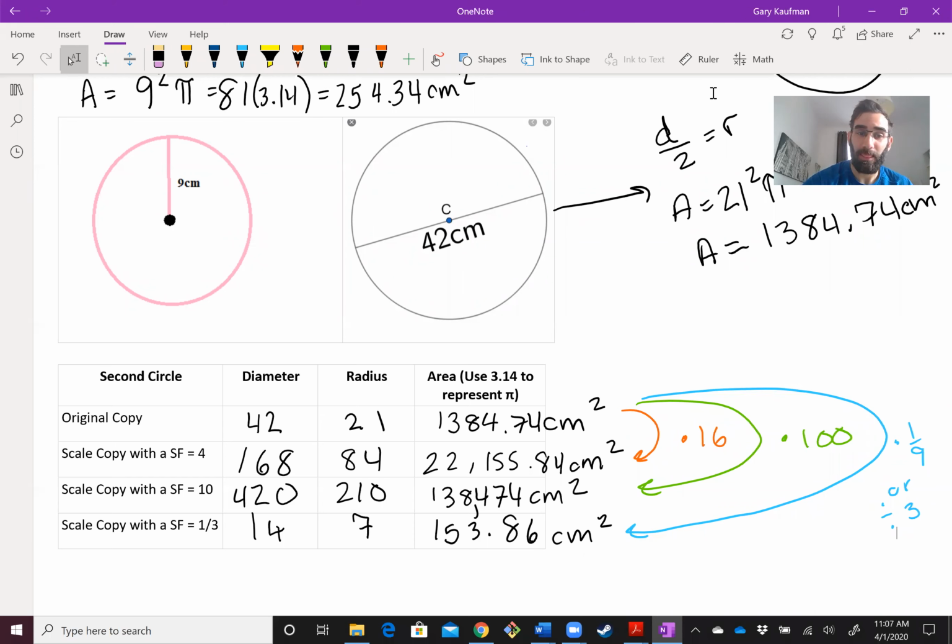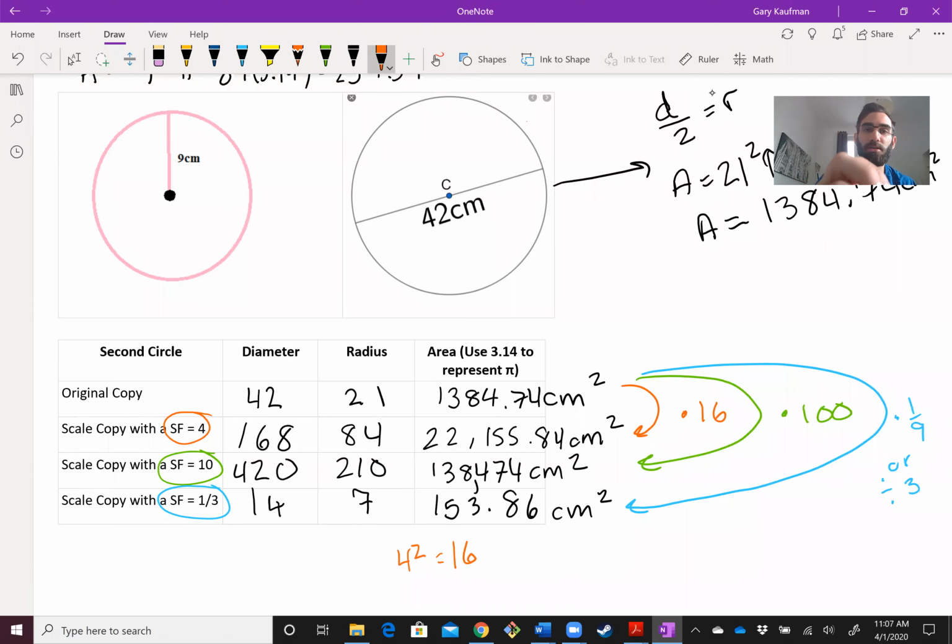Here is the last one. Now, let's see. My scale factor was 4. I multiplied by 16. My scale factor was 10. I multiplied by 100. My scale factor was 1/3. I multiplied by 1/9. Well, 4 squared, maybe area is units squared. 16, that's what I had to multiply by area.